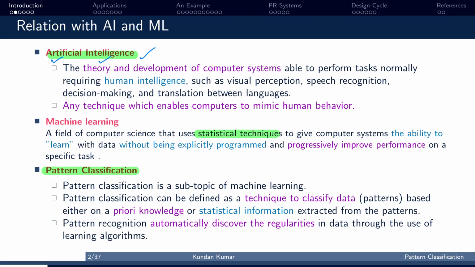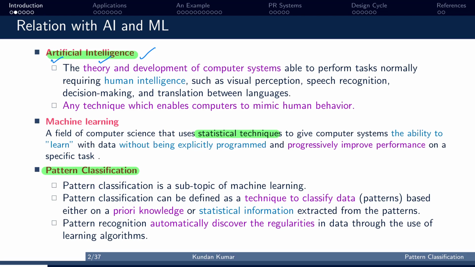When we look at pattern classification, it comprises two words, pattern and classification. Pattern classification deals with the classification of patterns or finding regularities, or we can extract the regularities from the data based on some prior knowledge or some statistical information. Vaguely, we can say that pattern classification is a subset of machine learning, because machine learning also does the same kind of thing.